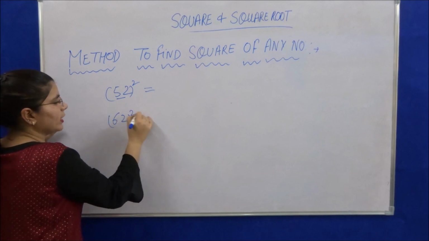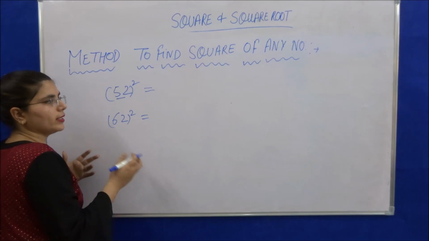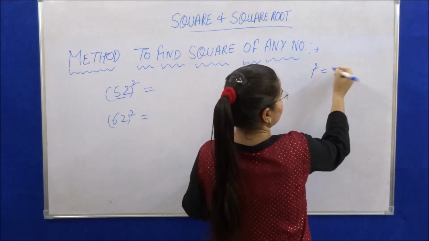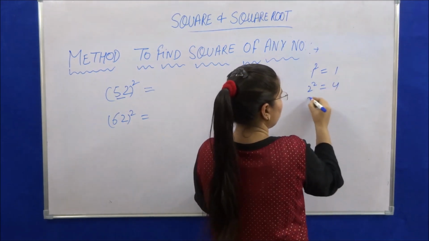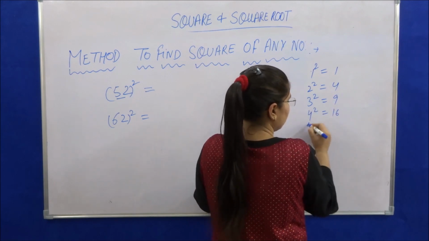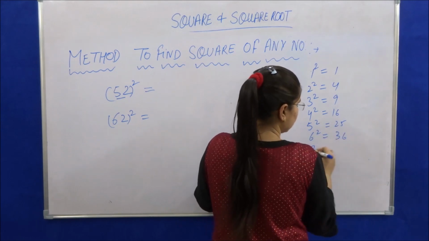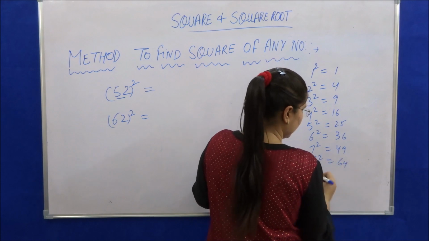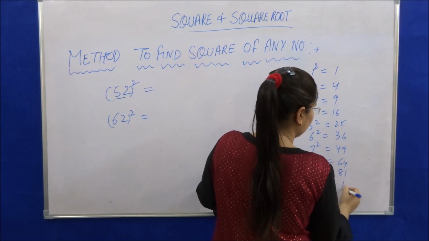Similarly, if we want to find the square of 62 and 72 and so many. If we want to find 1 square, it is simply 1. 2 square will be 4. 3 square will be 9. 4 square, 16. 5 square, 25. 6 square, 36. 7 square, 49. 8 square will be 64. 9 square will be 81. 10 square will be 100.